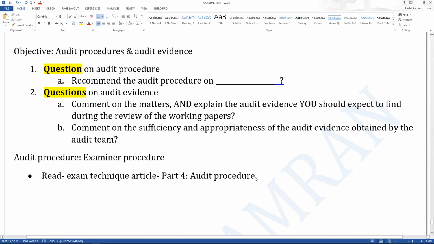The examiner has given numerous examples of procedures. The examiner has drafted procedures in the article part 4, and that is a wonderful article. If you have not read it, please read it, because that's the only way you can refine your procedures from an exam perspective. Is that clear to everyone?